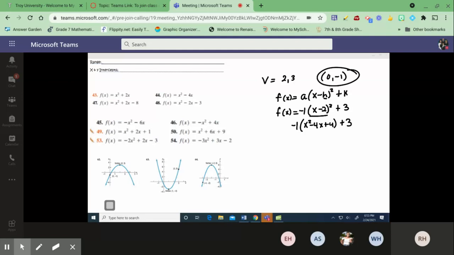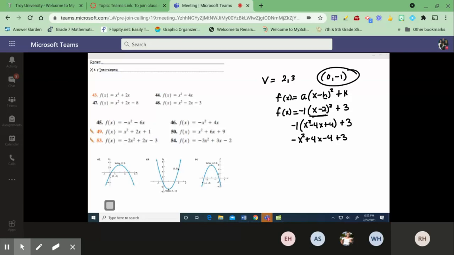So far, okay? All I'm doing is breaking out what was here. Now I'm going to distribute, so I've got negative x squared plus 4x minus 4 plus 3.